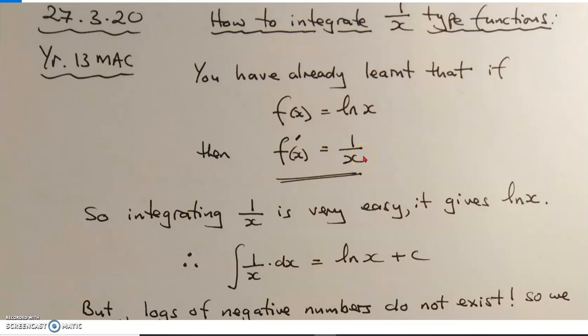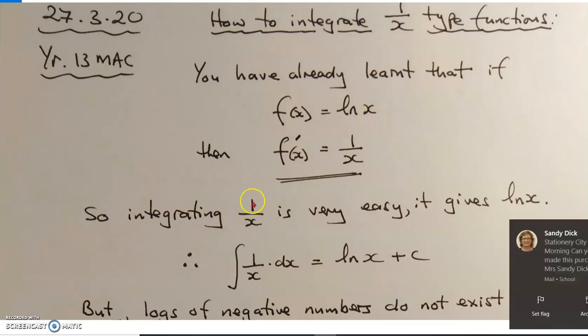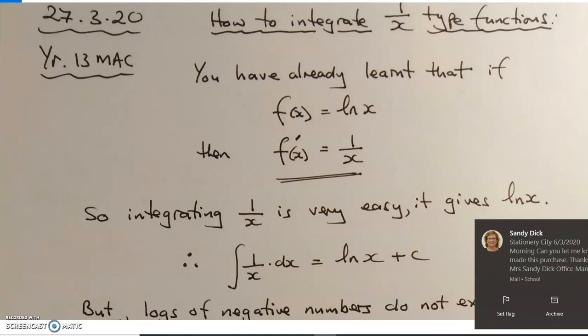So in other words, if we're going to be integrating a function like 1 over x, it's going to go back to this natural log of x. Okay? And that's what I've written down here. So integrating 1 over x is very easy.